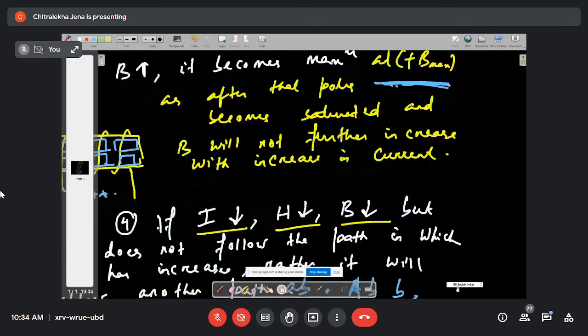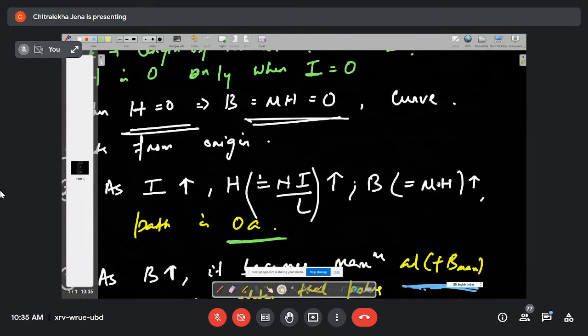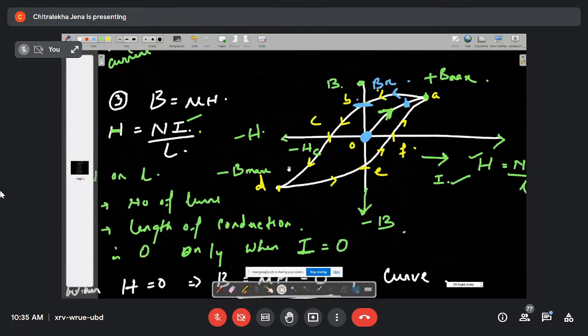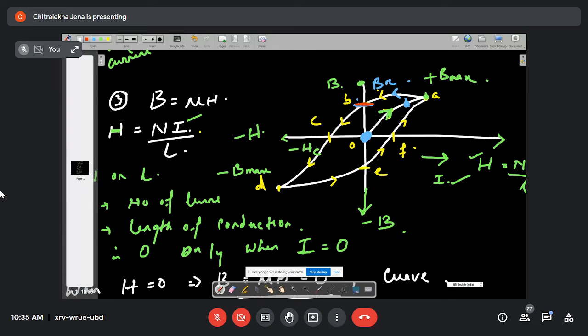Let us see from the graph. After this point, up to here, I have the residual flux density. Here you see, H is negative. After this, H is negative. So current is negative means we are applying a current in the reverse direction to wipe out the residual magnetism.